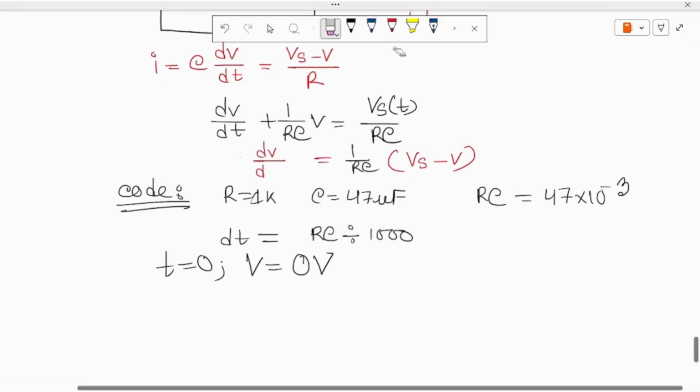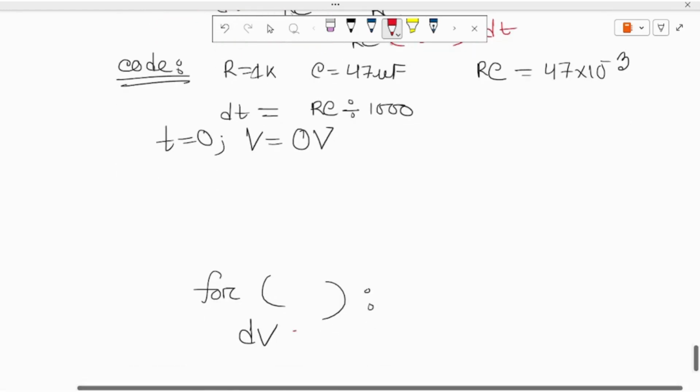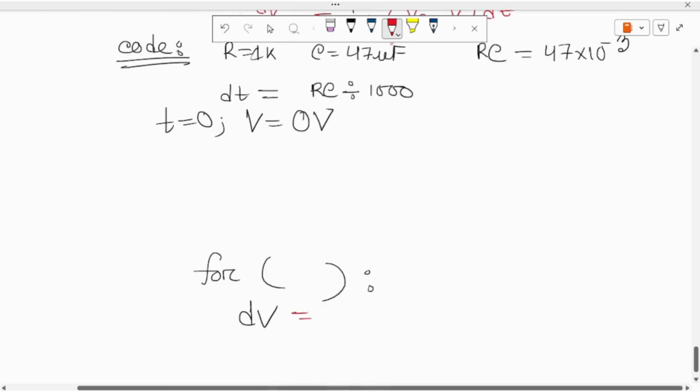And now if I take this dt to the right hand side, I will have an equation like this. So I will write the same equation here. That means 1 by RC times (Vs minus V) times dt.